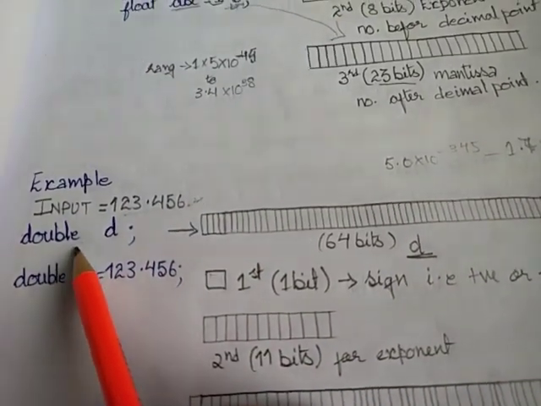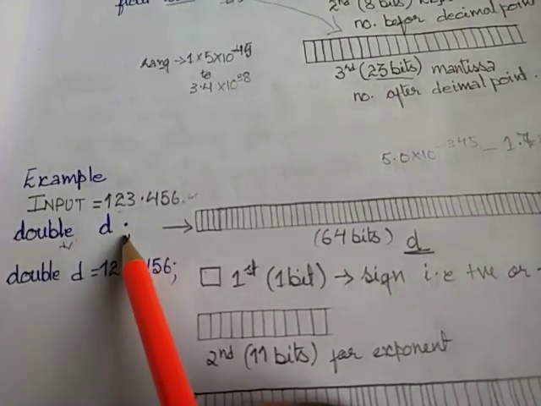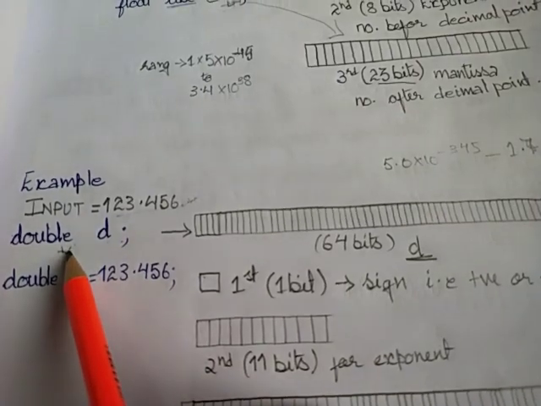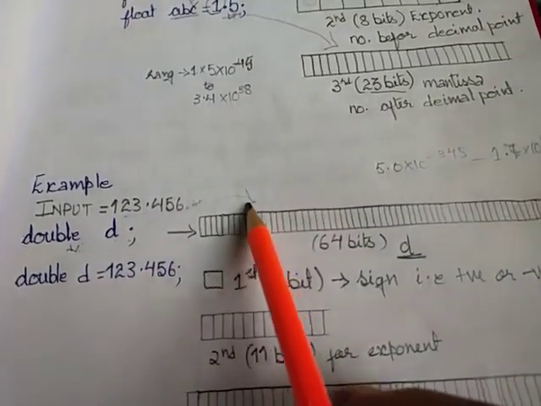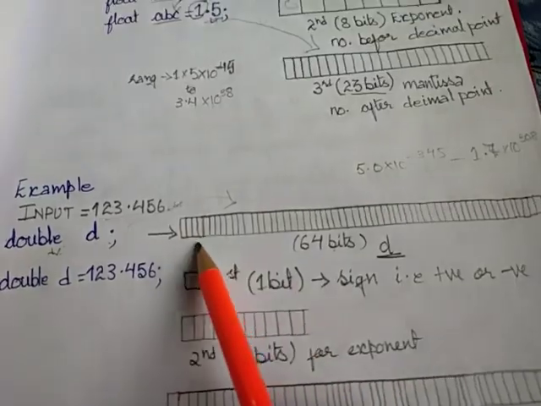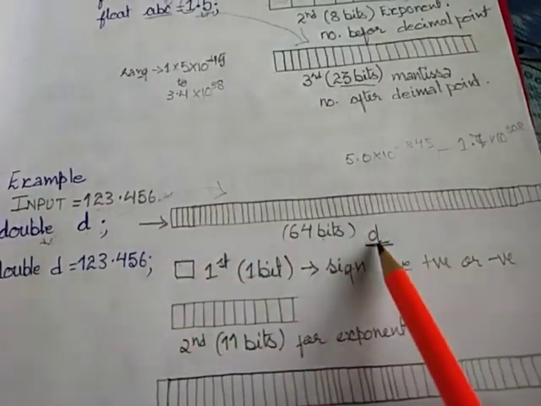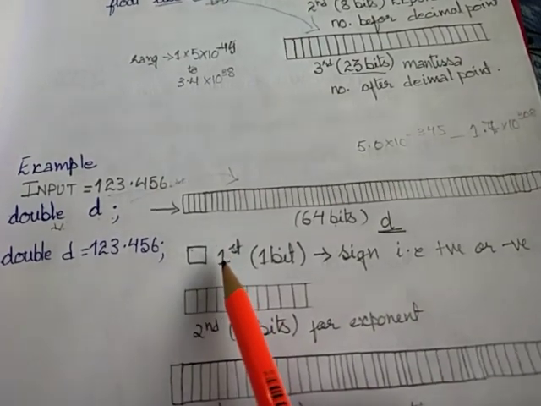So whenever you mention double over here, it is the data type and D over here is the name of the variable. The moment you declare double D, it will take how much? 64 bits in the computer memory, and the name of this memory location will be D. Just like float, same thing with double.